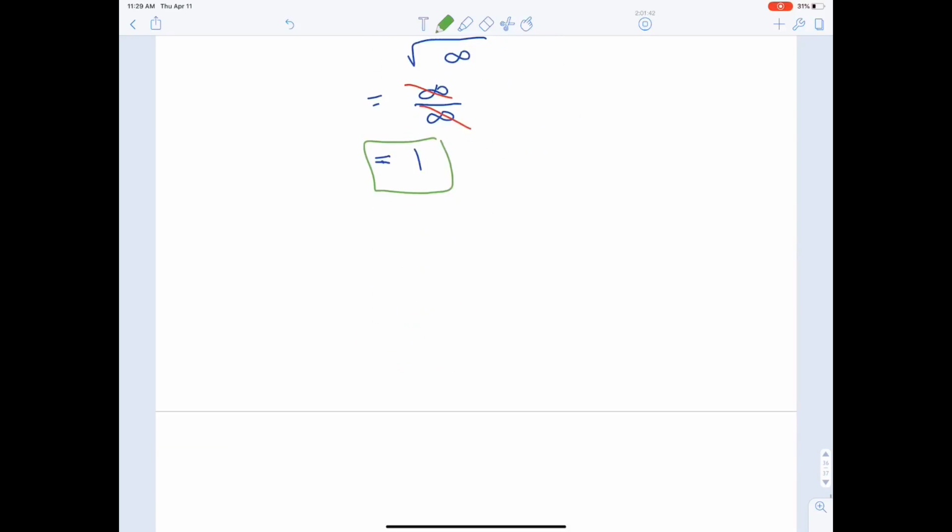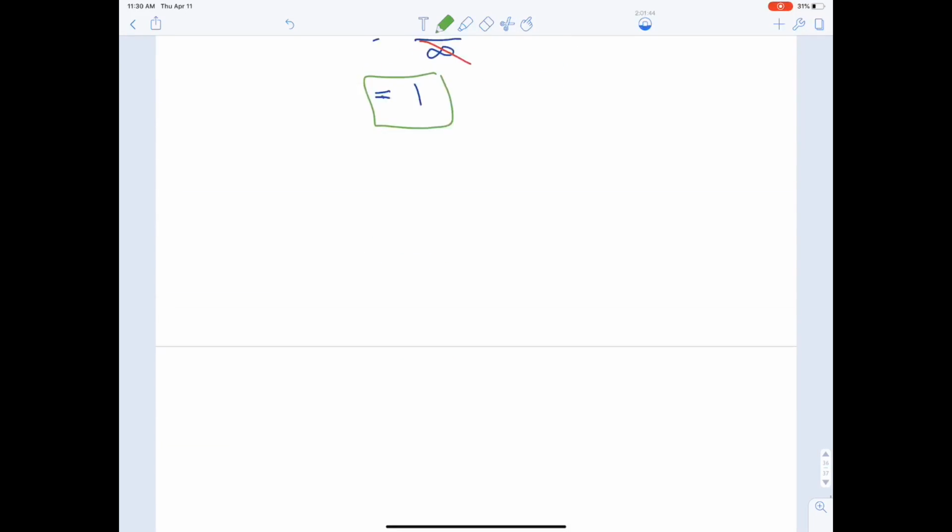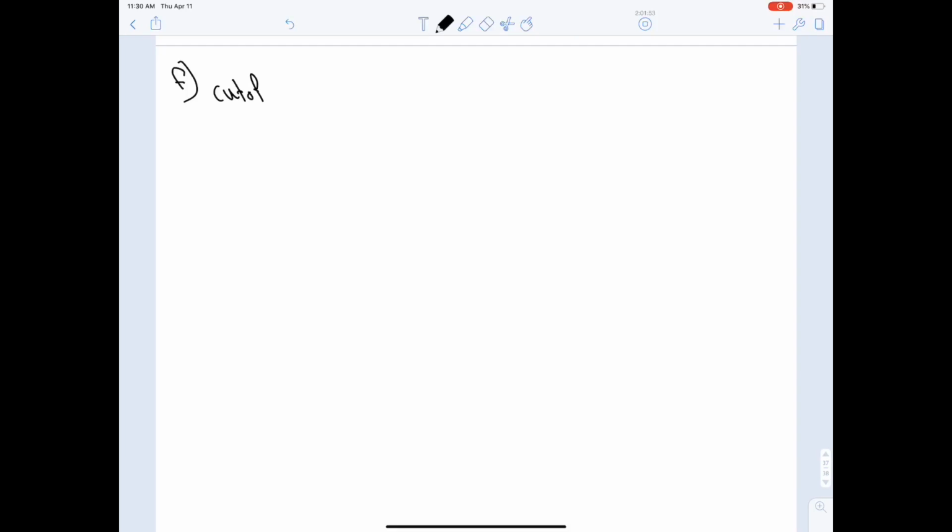Now moving on to the last part before we conclude this video. We need to find the cutoff frequency, omega c. So let's draw the magnitude plot to make our life easier. This is a high pass filter.